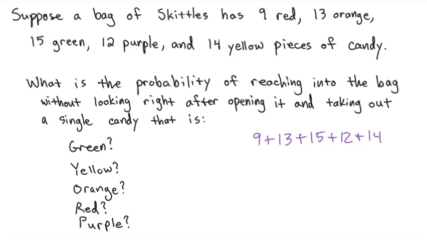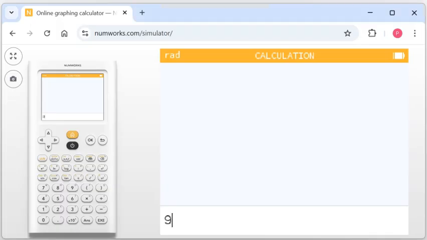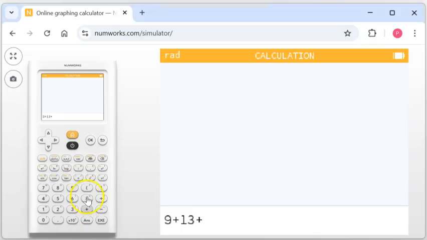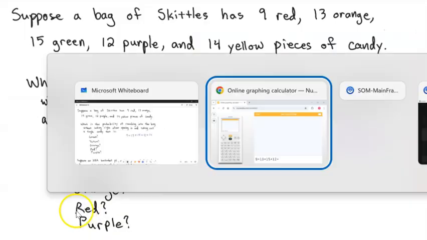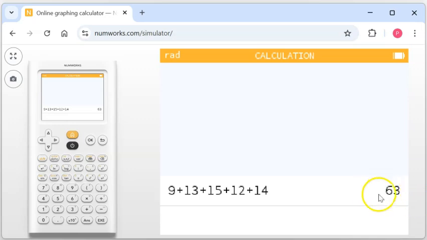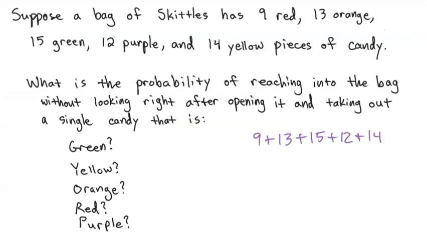Let's go ahead and get a calculator going. 9 plus 13 plus 15 plus 12 plus 14, enter, and we get 63. So there are a total of 63 candies. All right, great.